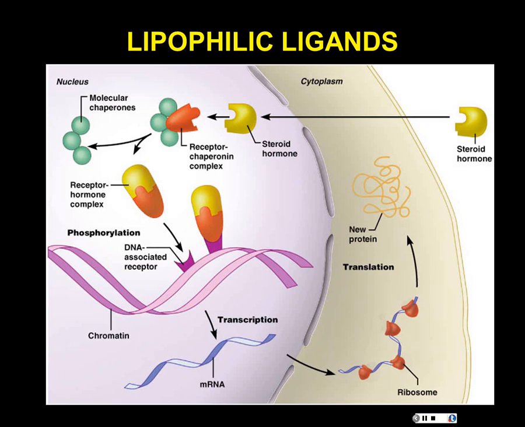You see how the receptor changed shape, changed function, and now the messenger and its receptor can bind to another receptor on the DNA. So the steroid hormone binds its receptor and then binds to another receptor on our DNA.